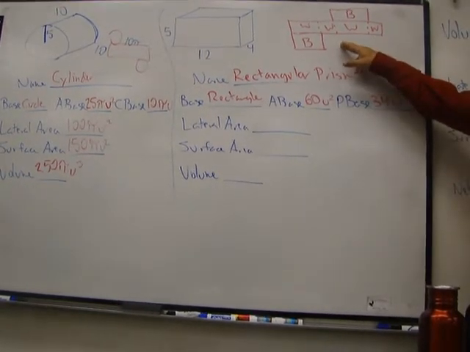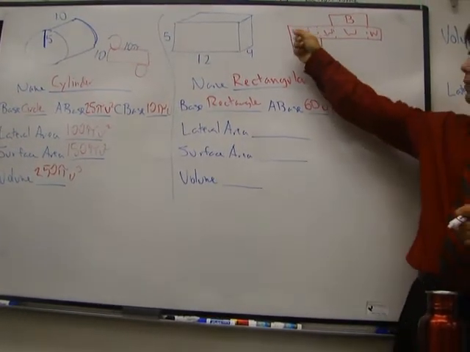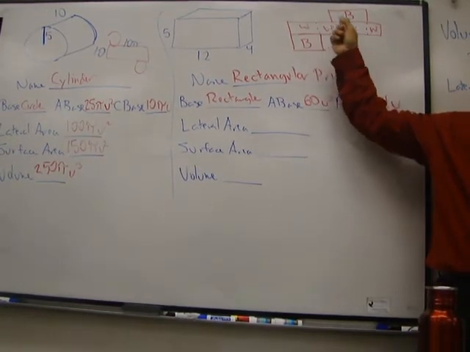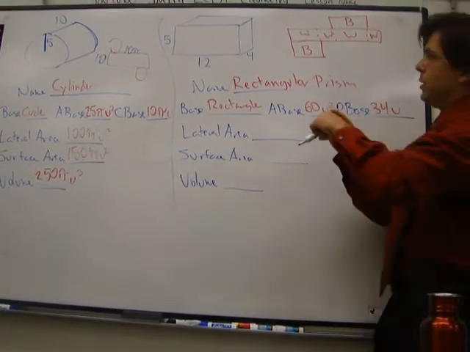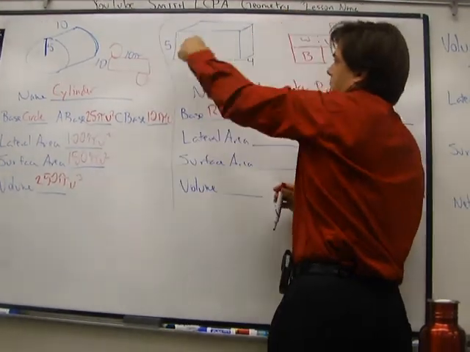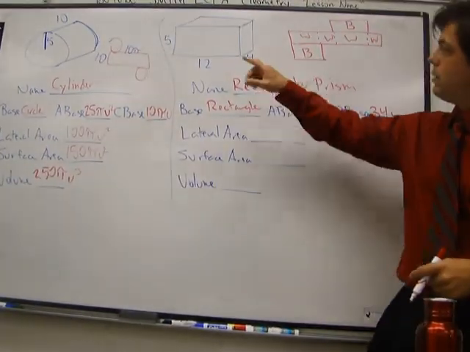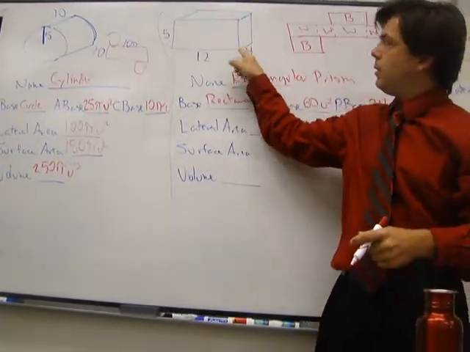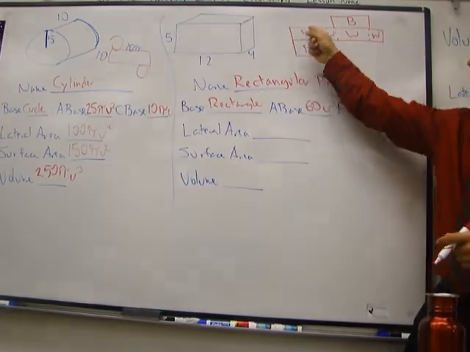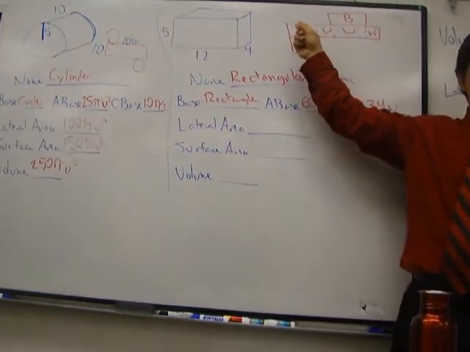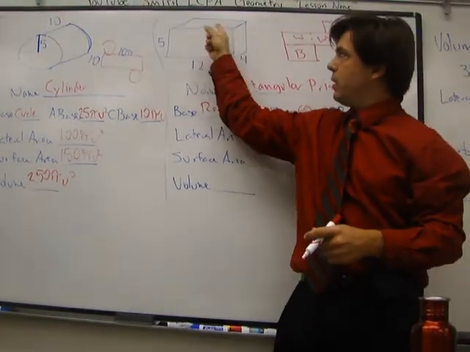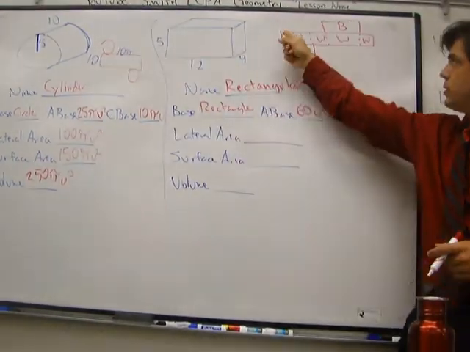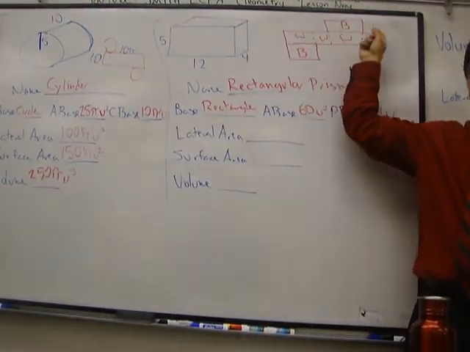This is it unfolded. So the lateral area will be the four walls together. Okay? So in other words, it's taking this and unraveling it. So the perimeter is equal to this distance. You see that? The perimeter is equal to the base of this rectangle.